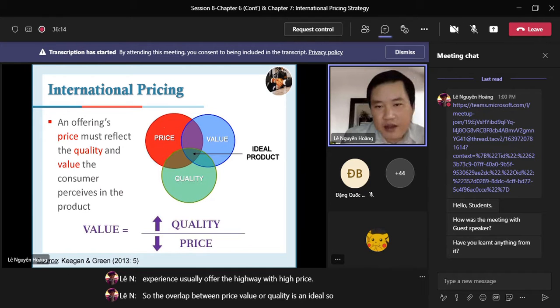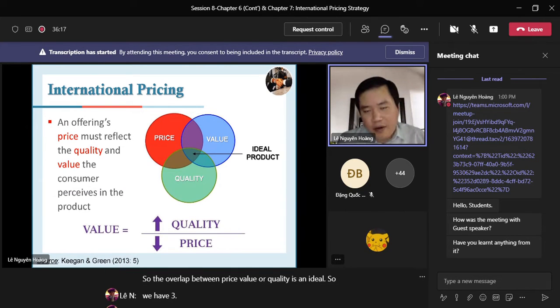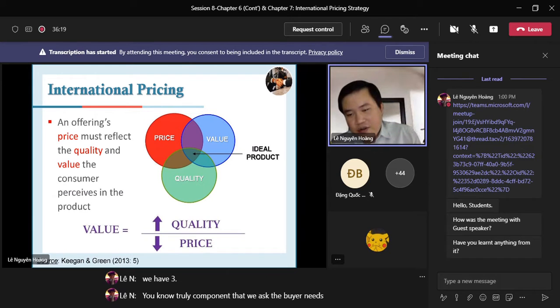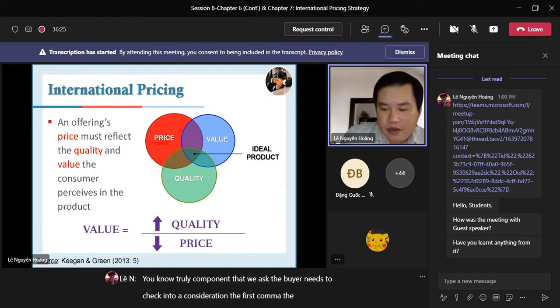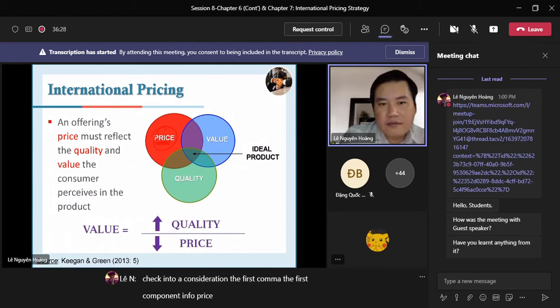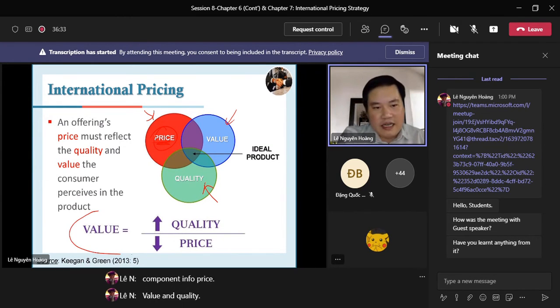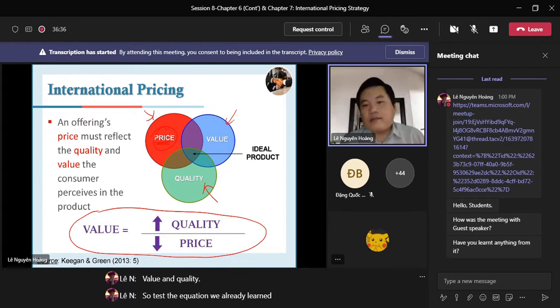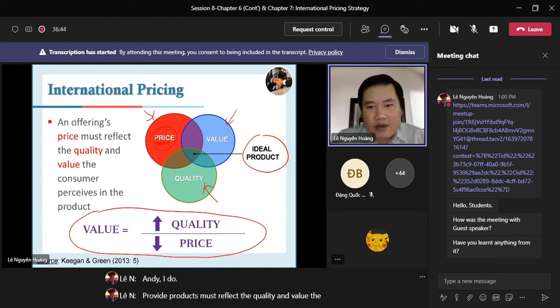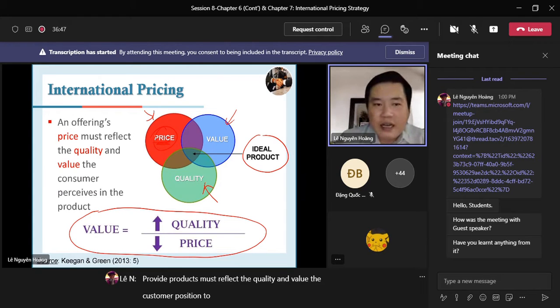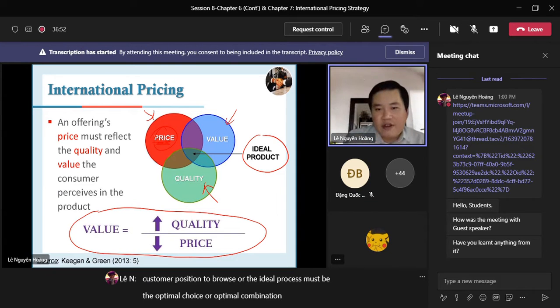So we have three components that we as the buyer need to take into consideration: price, value, and quality. This is the equation that we already learned. The ideal products must reflect the quality and value the customer places in the products, or must be the optimal combination between price, value, and quality.